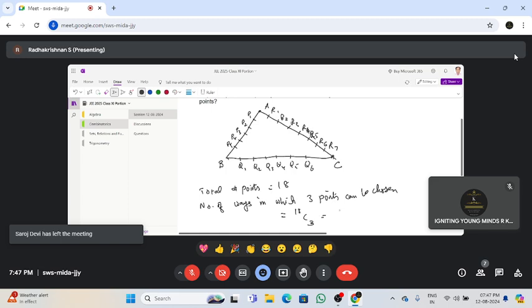And I told the formula: it is N factorial divided by (N minus R) factorial into R factorial.